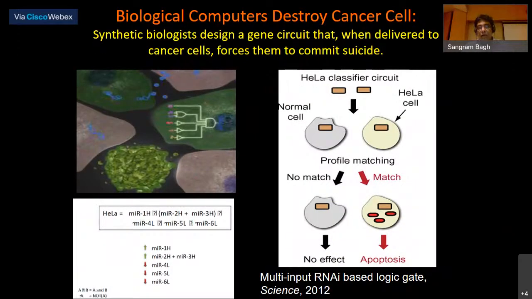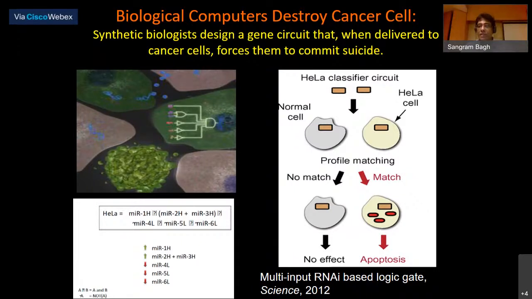And then they also try to develop more complex circuits. Here you can see people developed, using microRNA, a circuit which is called a classifier circuit. You connect those kinds of gates in such a way, developing some RNA gates. So what will happen? If you take a HeLa cell, it has a particular microRNA signature, which is different from other normal cells.